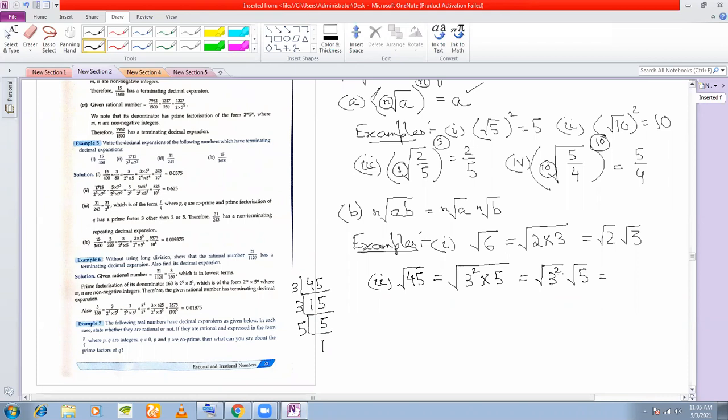Now root of 3 squared is simply 3, because from property number a, the square root of the square of any number is always equal to the number, into root 5.